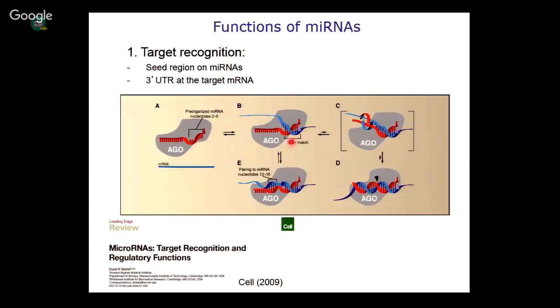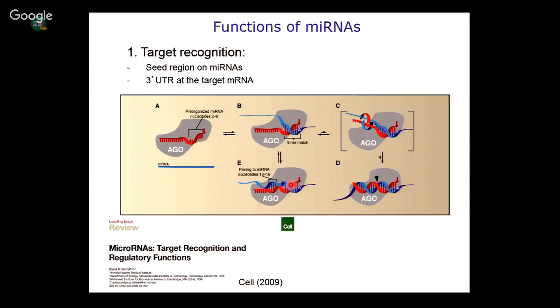First is the seed region, like I mentioned in the previous structure slides. In the seed region, the perfect match will help the duplex form and twist the duplex formation, to provide better recognition of the duplex from the Argonaute protein to its target mRNA.